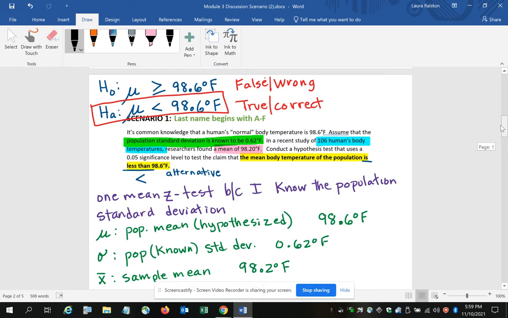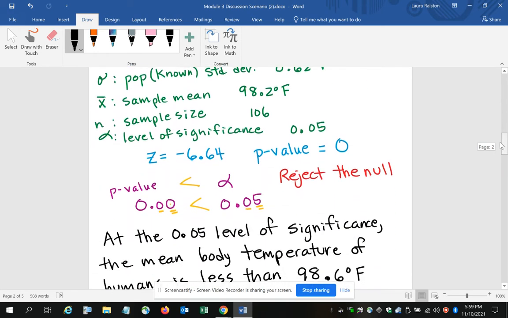Because the true statement, the one we found to be true, was that it was less than. So you have to phrase it in that manner.